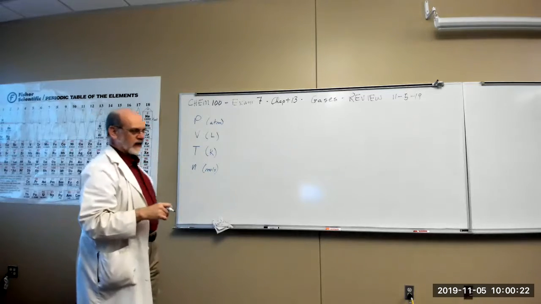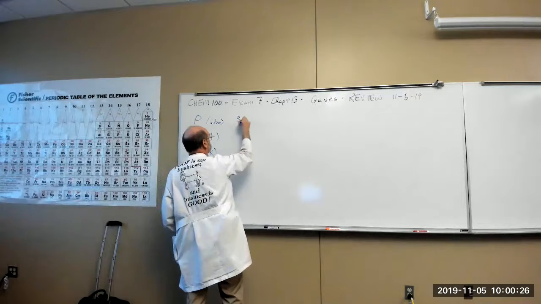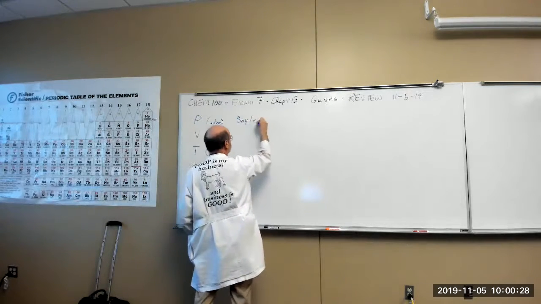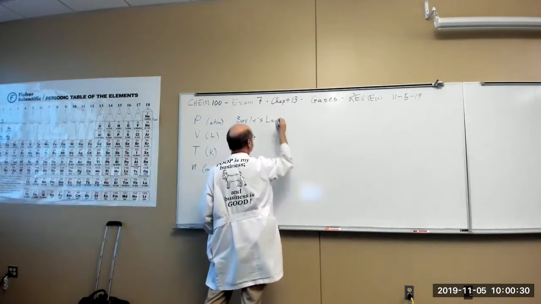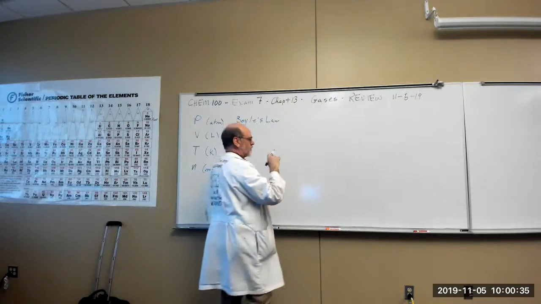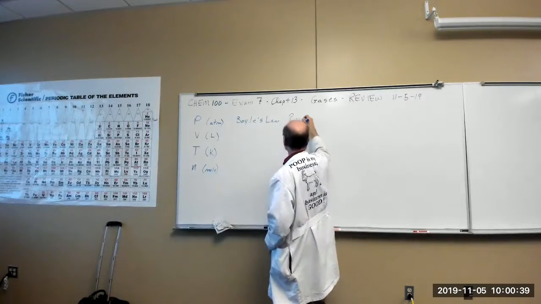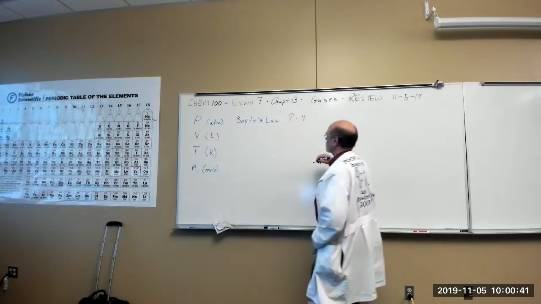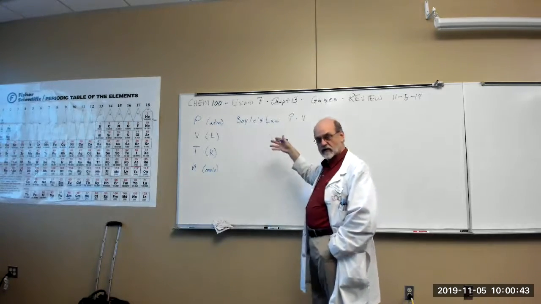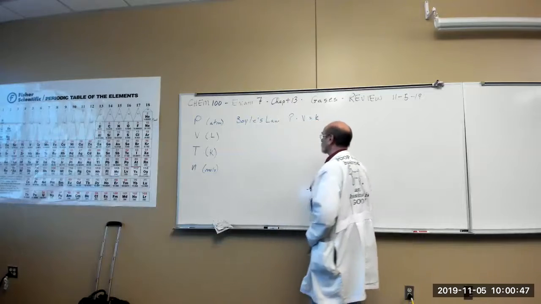Okay, so the gas laws that we have so far are Boyle's, right? Boyle's law addresses the effect of pressure on the volume of a gas, and that's equal to a constant value.